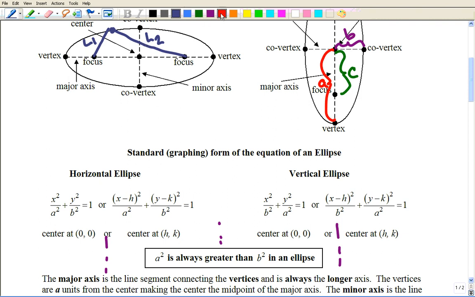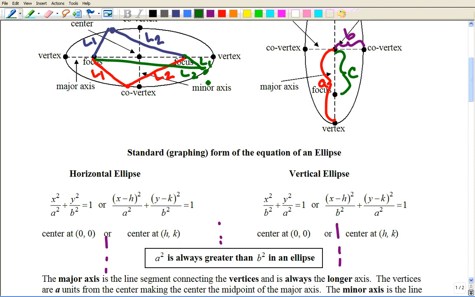Well, it turns out that no matter which point we pick, so say I pick this one right here, and I add together the length of the distance from each focus again, those two measurements would always be the same, even if I picked one over here. And all of that ties back in to the set definition, which was the sum of the distances.